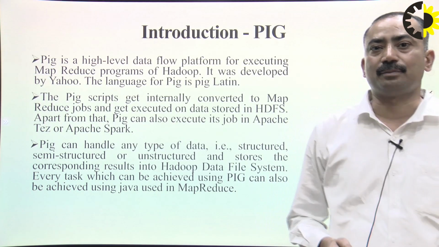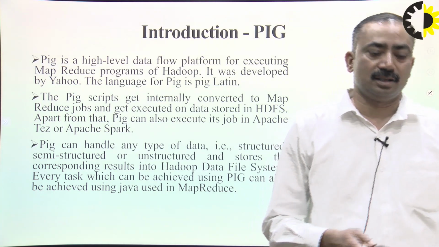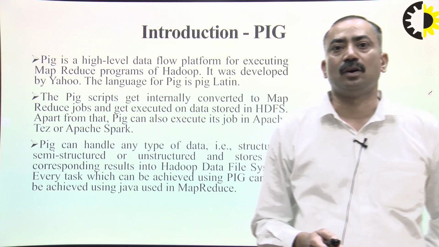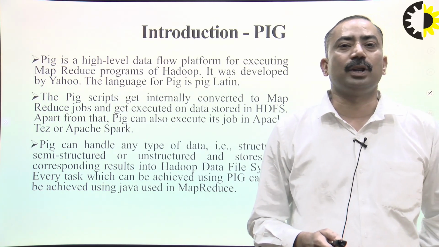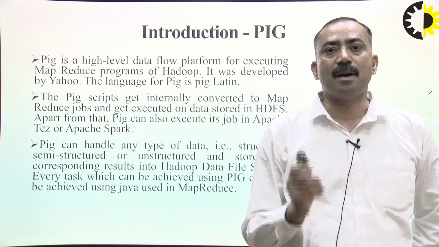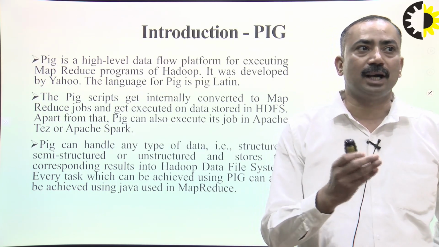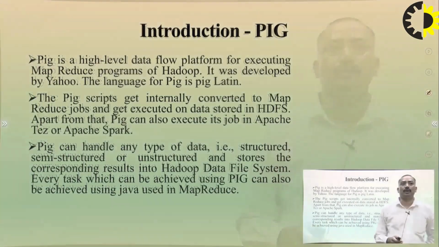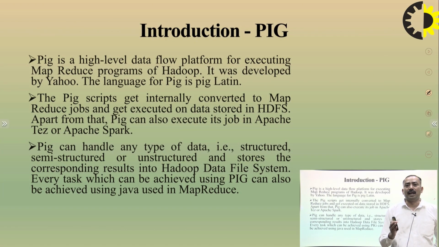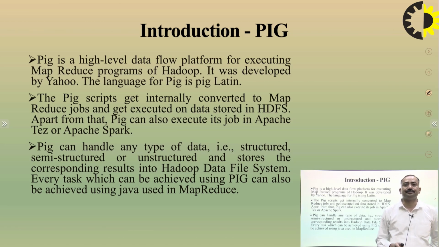So first we have to introduce Apache Pig. It is basically a high-level data flow platform, or we can say a tool for executing MapReduce programs of Hadoop. We execute MapReduce programs of Hadoop with the help of this high-level data flow platform developed by Yahoo, and the language used here in Pig is Pig Latin.